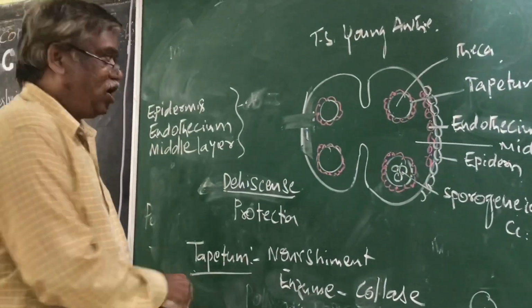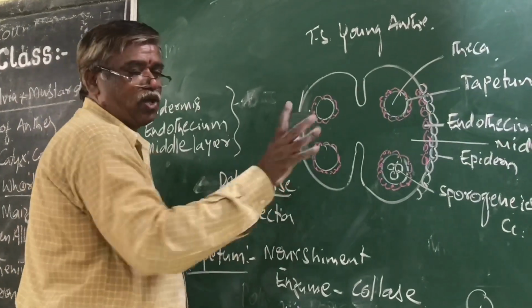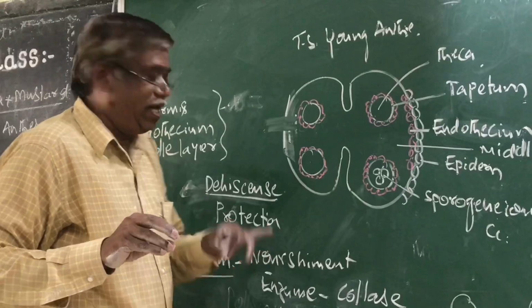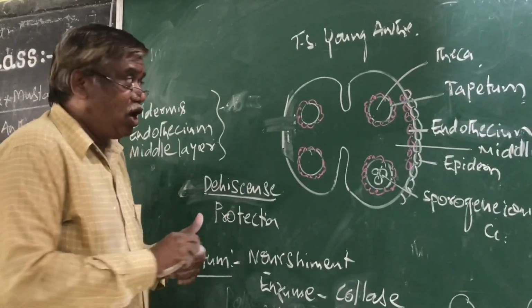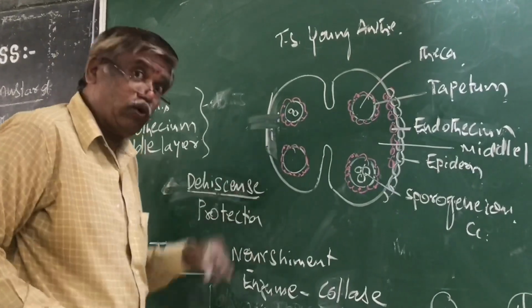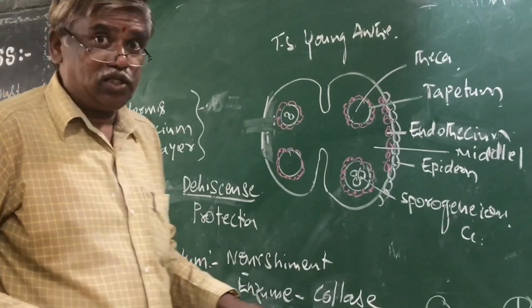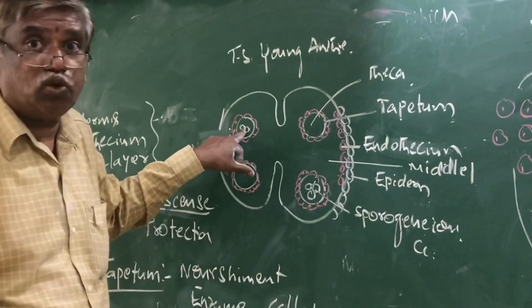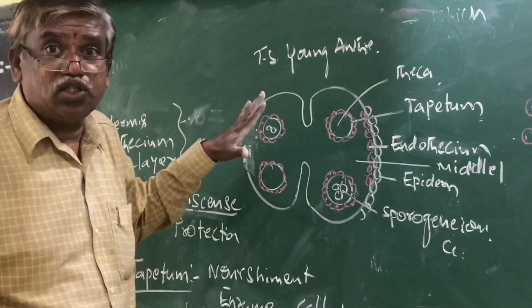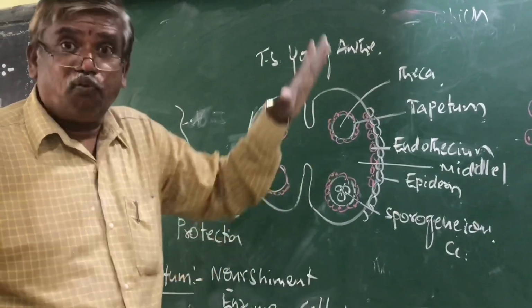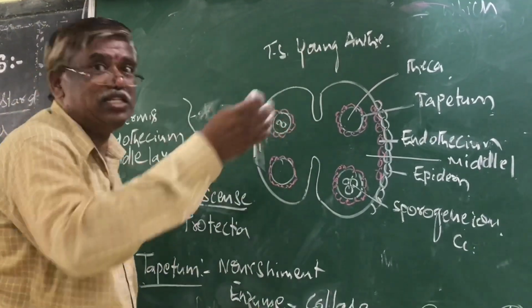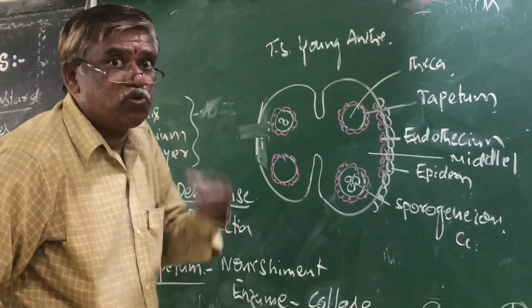But now what is it? Tapetum. The tapetum is not involved in dehiscence. But what happened? Now what is this internal? The initial stage is sporogenous cells, the middle stage microspores, and finally the pollen grain. All these cells require some food, nourishment.